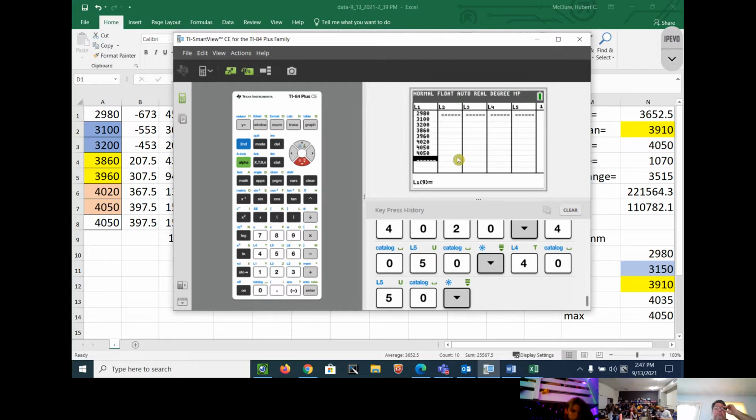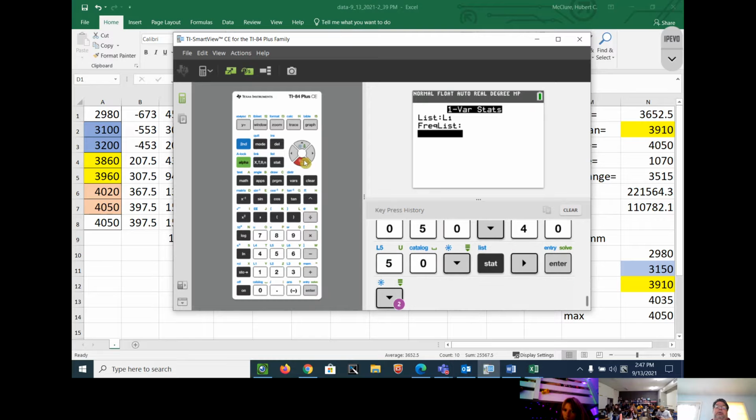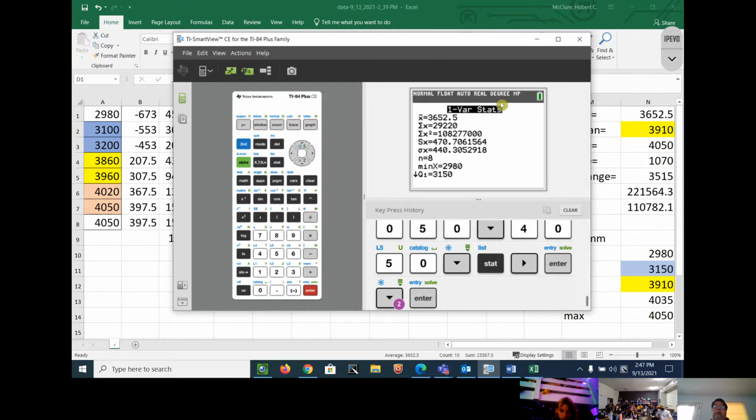Go to stat. Go to calculate first variable statistic. Go to calculate my 3652. That's right. The standard deviation is 470.